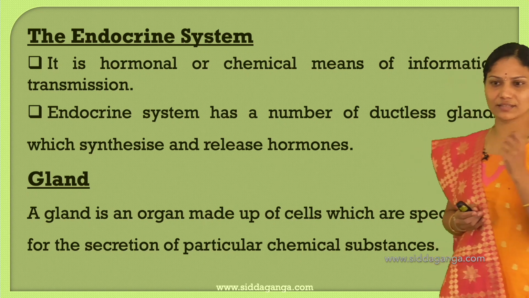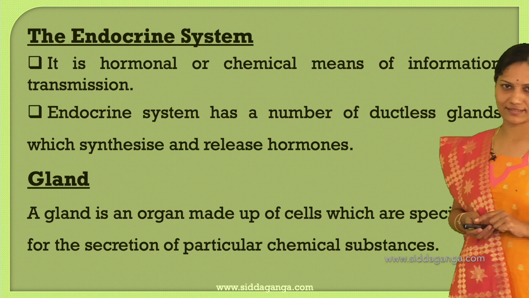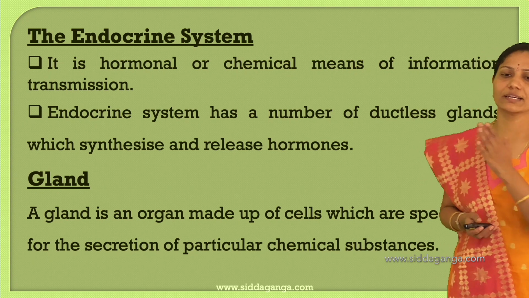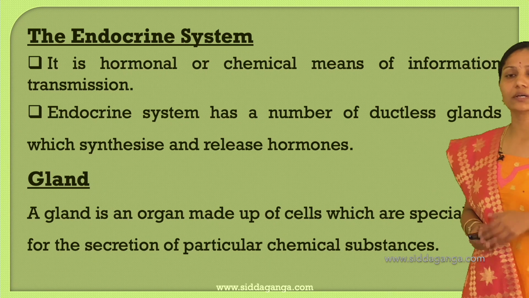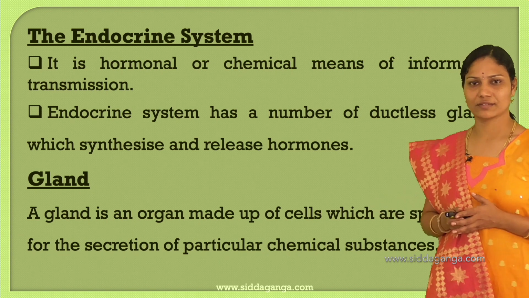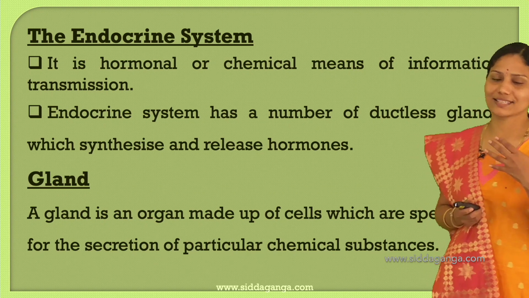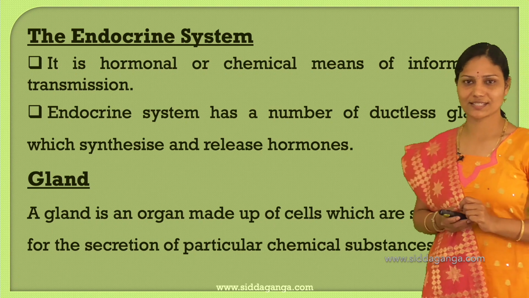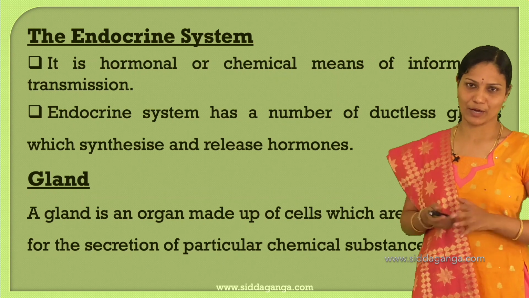So, ductless gland is a very important term. Let's understand what a gland is. A gland is an organ, but a special organ, made up of cells which are specialized for secretion of particular chemical substances. These chemical substances are referred to as hormones.